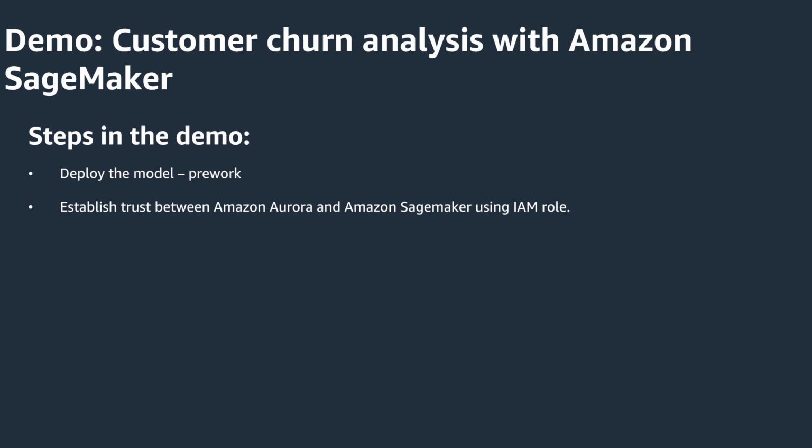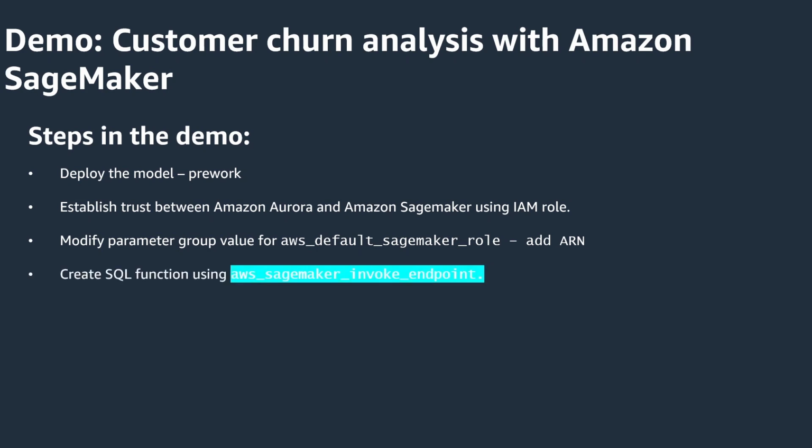Step number 2 is to establish trust between Amazon Aurora and SageMaker using an IAM role. Step number 3 is going to be about modification of some of the parameters on Amazon Aurora. And here's the important step. The SQL function that we're going to use is going to use a clause called AWS SageMaker invoke endpoint.